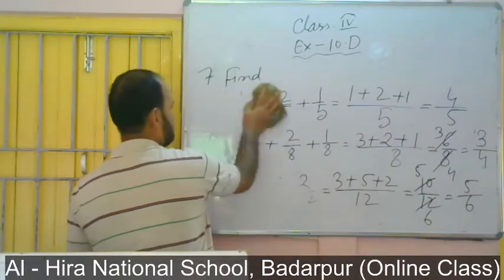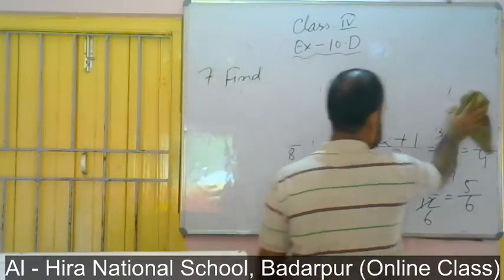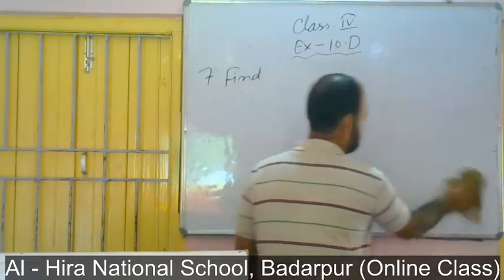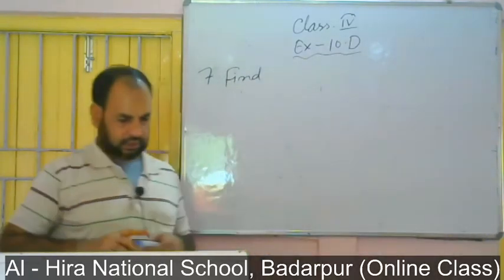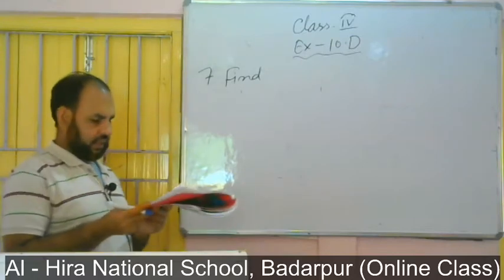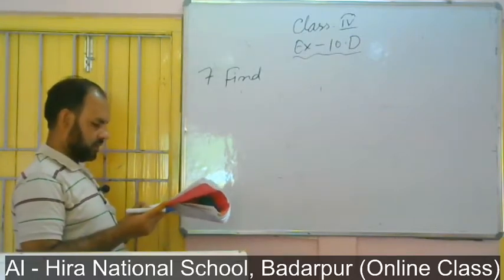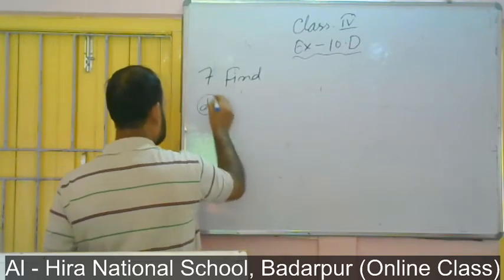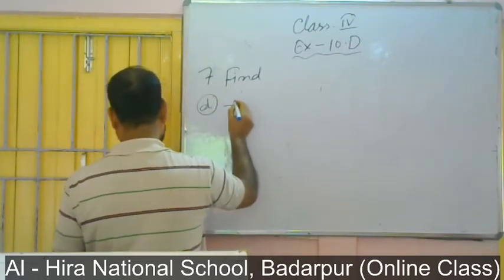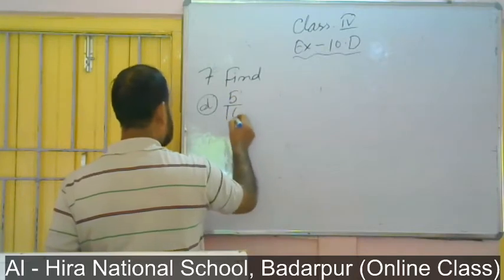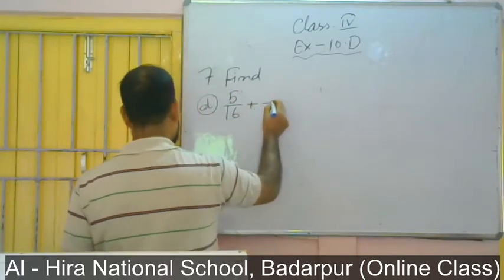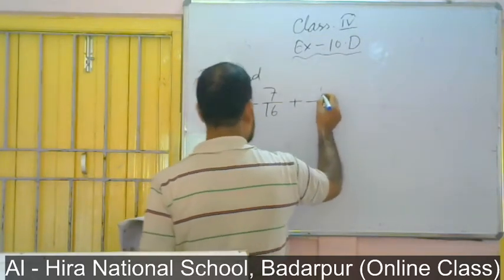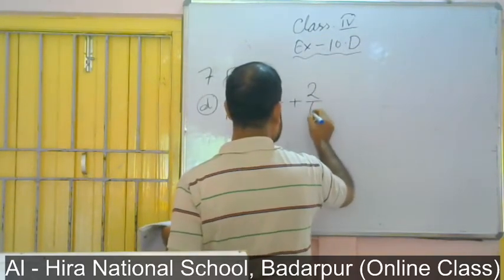Next, question number D: 5 by 16 plus 7 by 16 plus 2 by 16.